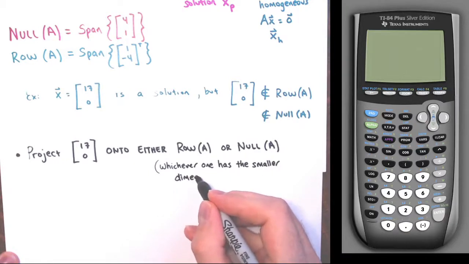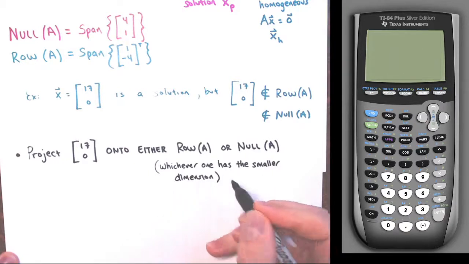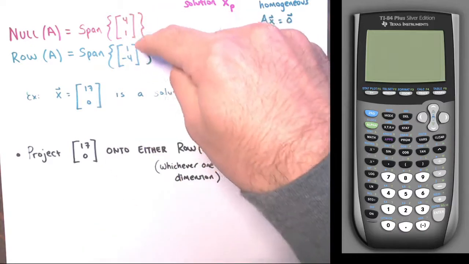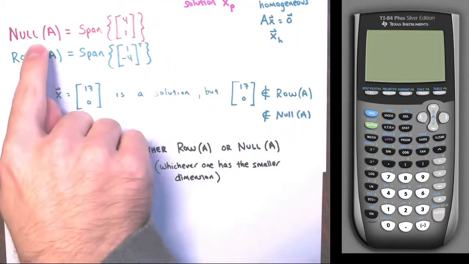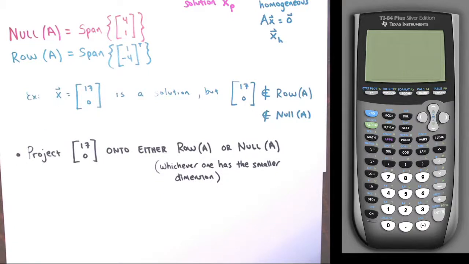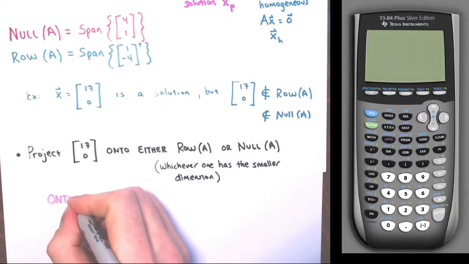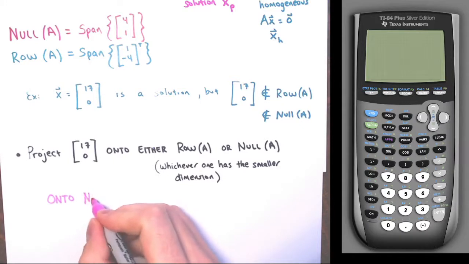That would be the easier one to project onto, because you have to do a sum of fewer terms. Well, like I said, they're both the same dimension. The first space I found was the null space, so I'll do the null space. Let's project onto the null space of A.